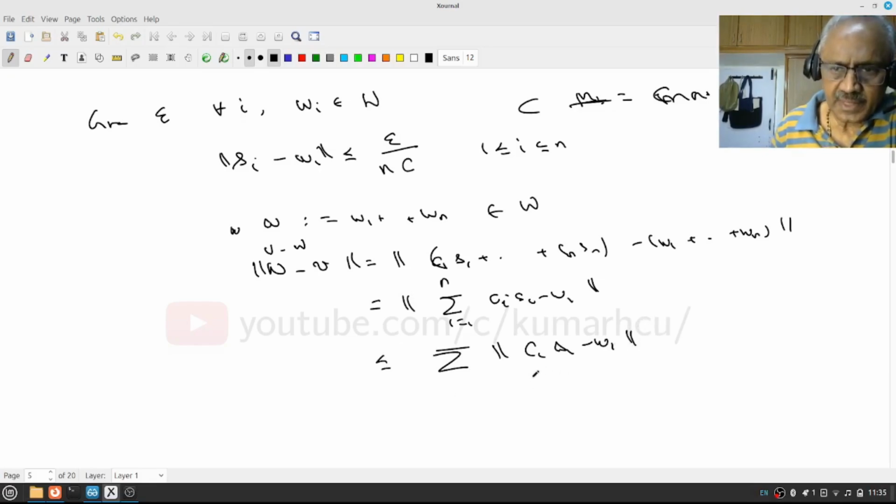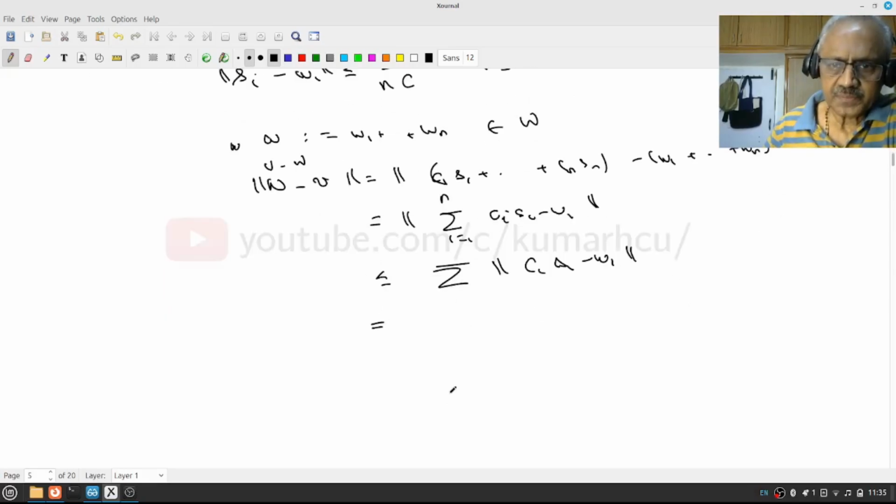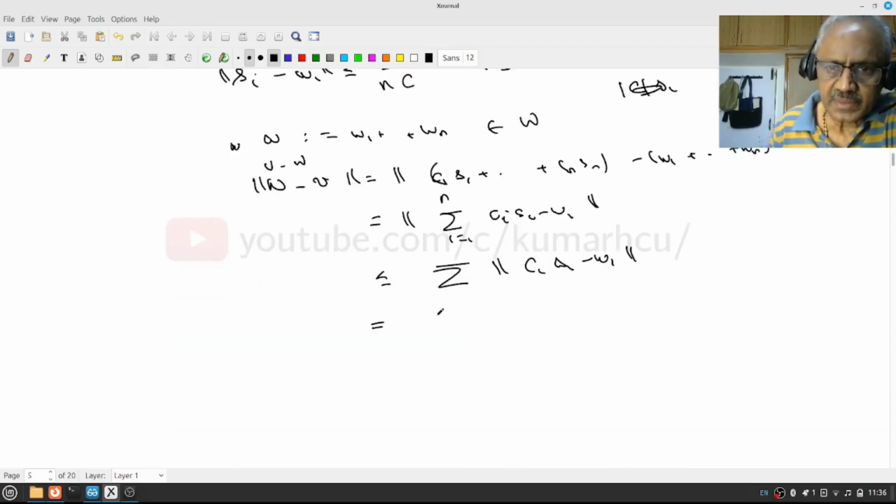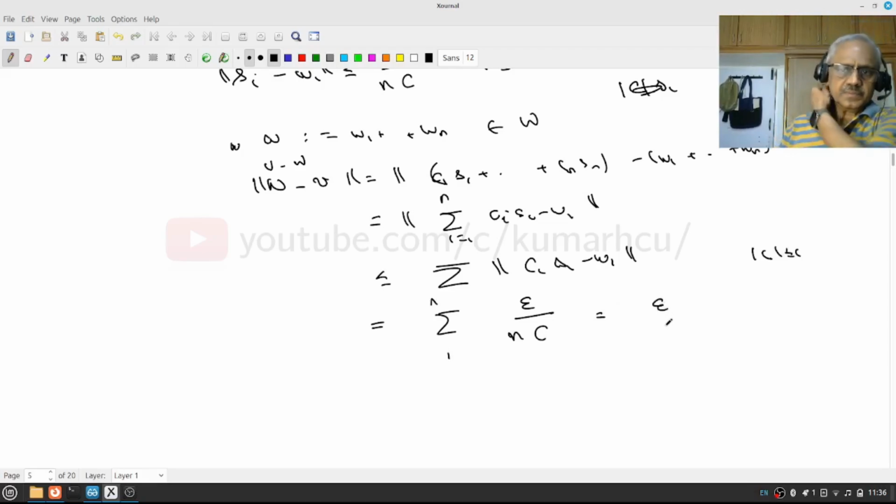This is Ci, I can take it out, therefore it's going to be mod Ci times the norm of Si minus Wi. Each of the terms will be less than or equal to epsilon by n times C, because mod Ci is less than or equal to C. There are n terms, therefore it is less than or equal to epsilon.